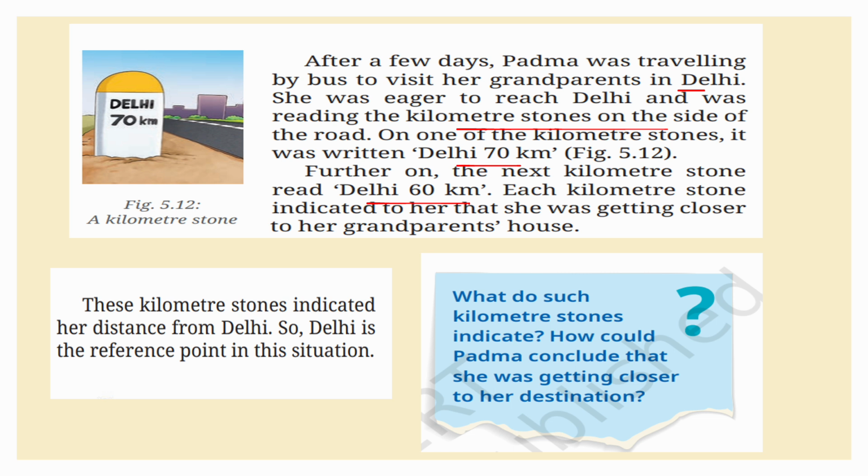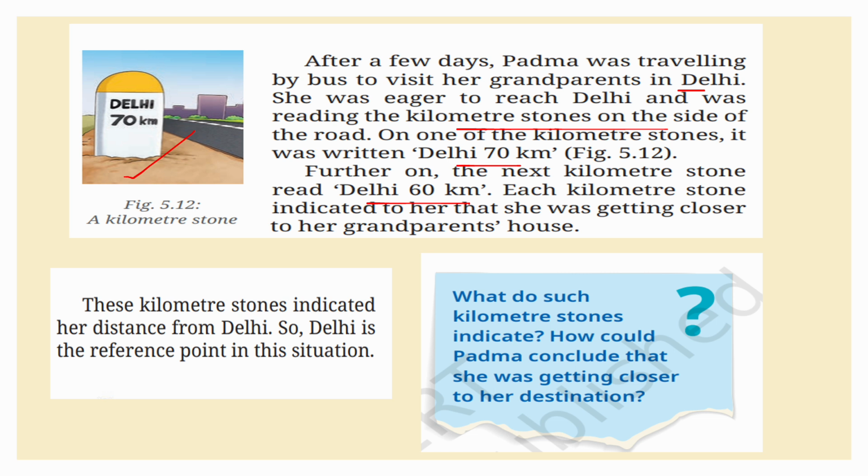So when Padma was traveling by bus to Delhi, she saw many kilometer stones. First, she saw a kilometer stone like this, Delhi 70 kilometer. Then further, Delhi 60 kilometer.